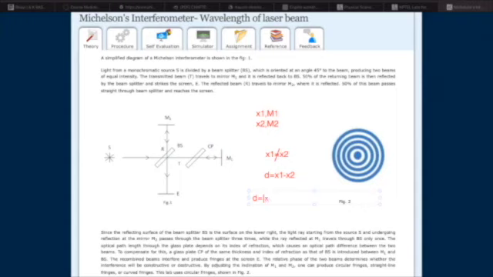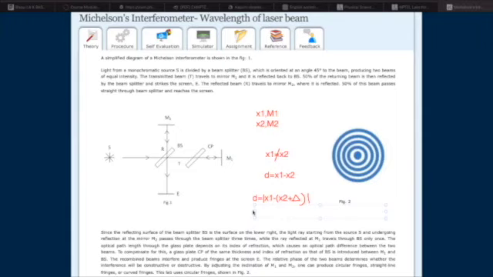So I can write x1 minus, I increased the distance of M2 by delta, so let's say x2 plus delta, bracket close. And then here I have mod again. In this situation, what will be your net D?